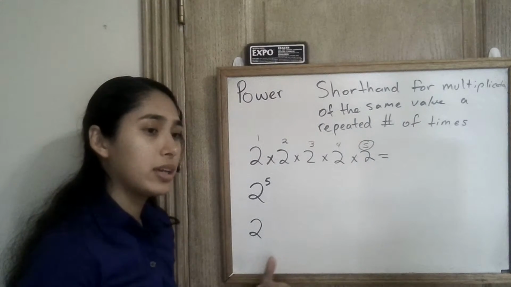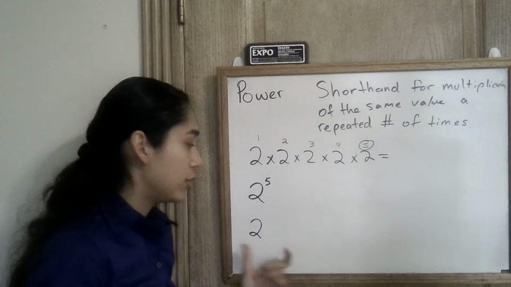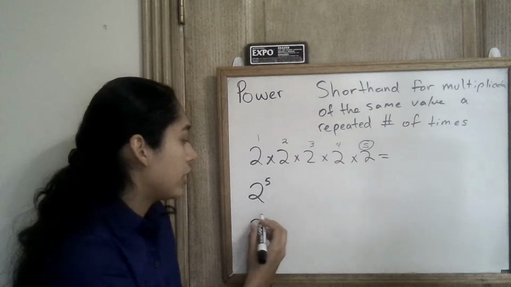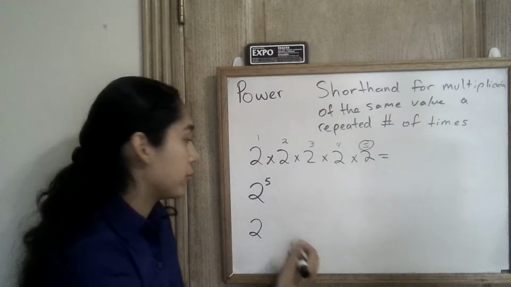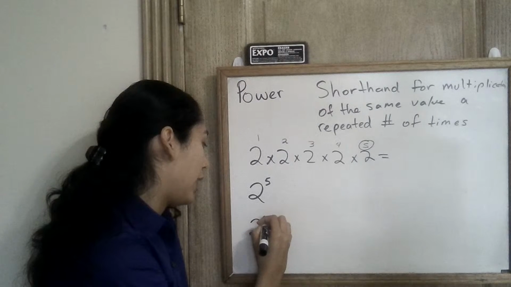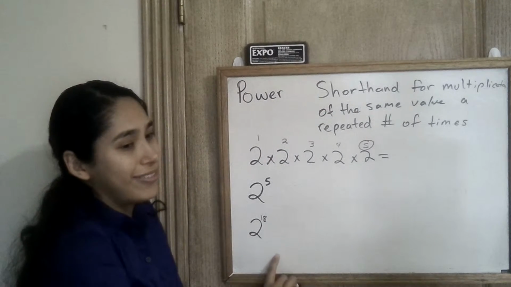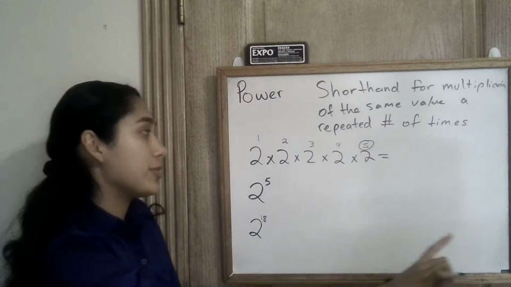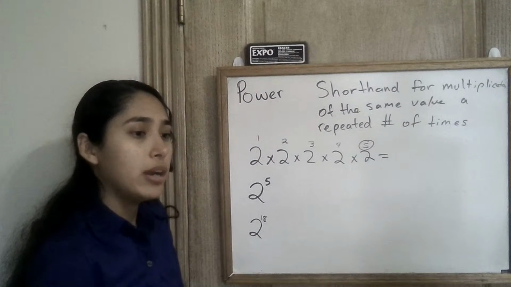Or for making computer networks, they use bases of 2 as the bottom value, and then different powers to determine which network they're going to be using. If it's to the power of 8 or 18, I don't want to write 2 times 2 times 2 times 2 times 2. It's very difficult and prone to error.